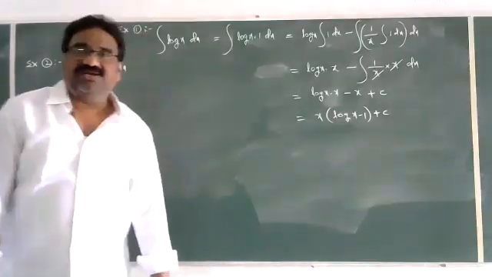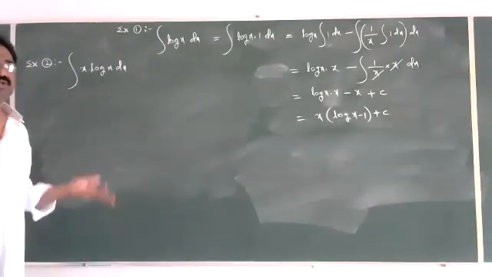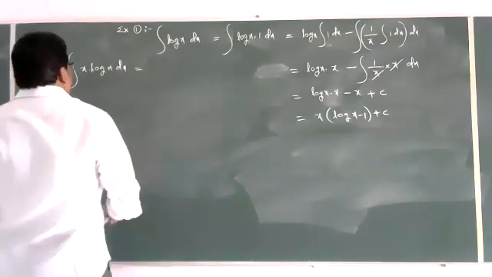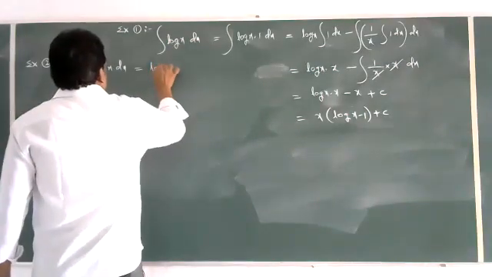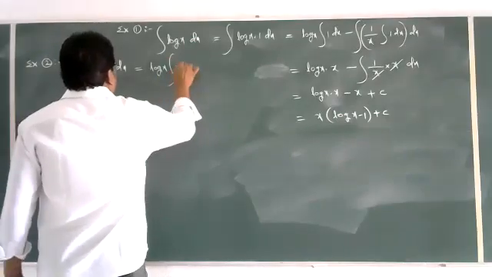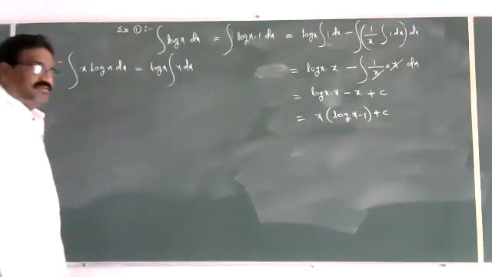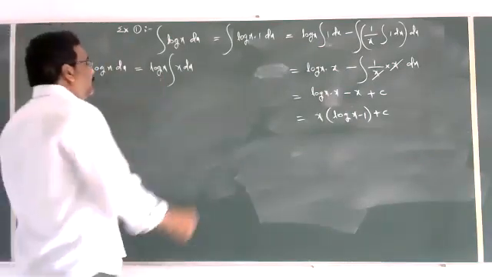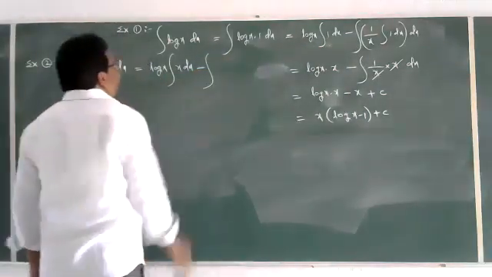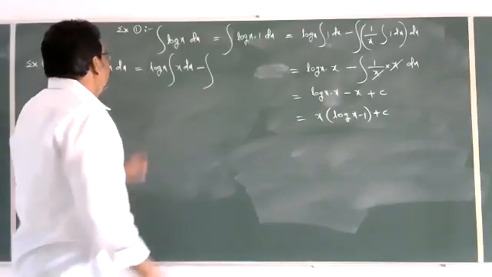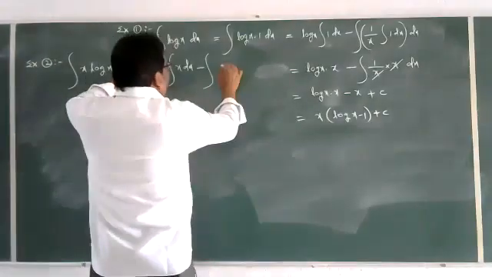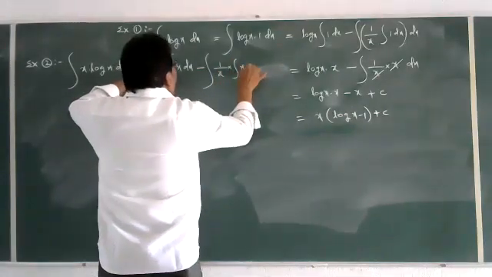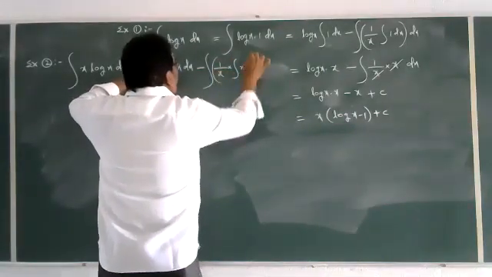By using the Euler rule, which function is the first function? Log x. So apply the rule. That is equal to first function log x into integration of x dx, minus integral derivative of first function, 1 by x, into integration of x dx, for whole dx.